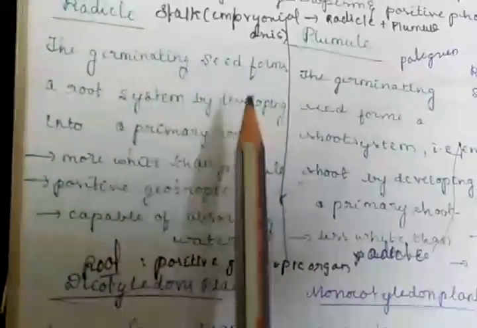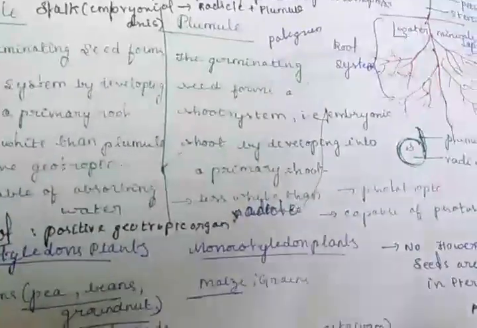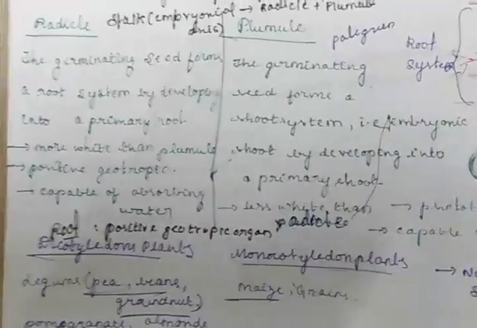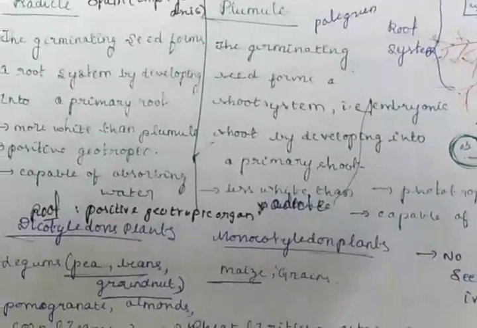These two roots, the taproot and the fibrous root, grow from the radicle only. I told you always, in germinating seeds the root system develops from the radicle and the shoot system develops from the plumule.